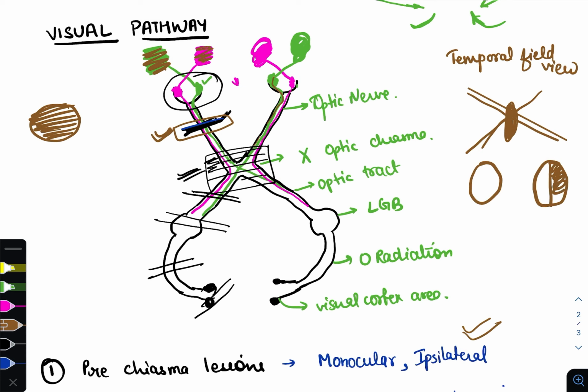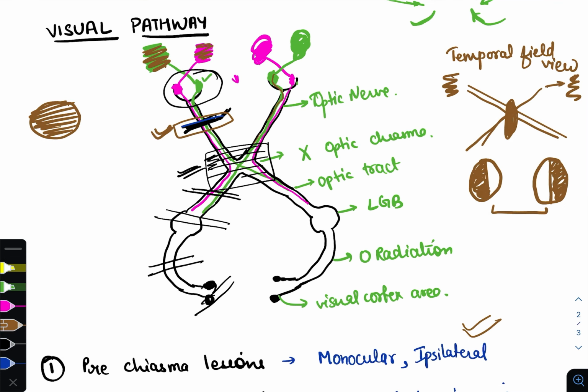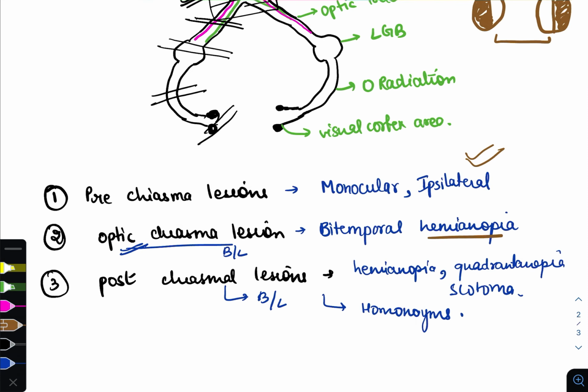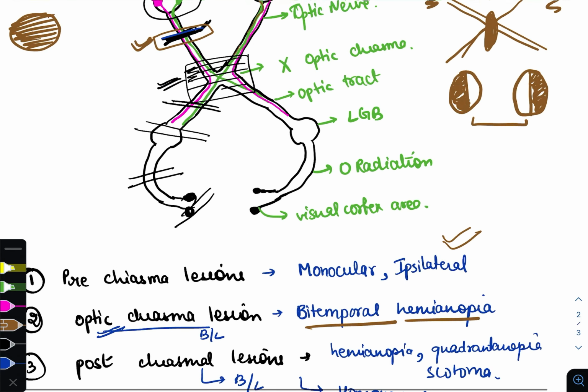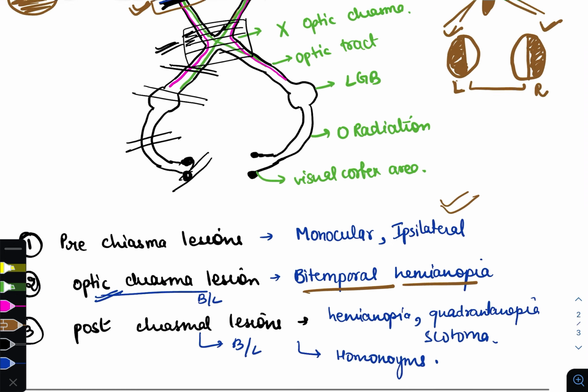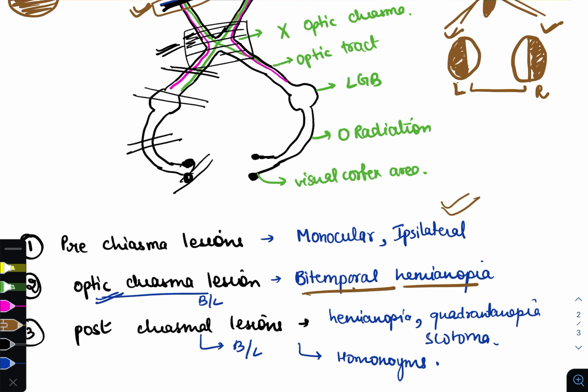Here this area we will not see, and on this side we will not see this side area. This is what comes with chiasmal lesions: bitemporal hemianopia. In the left eye we can't see the temporal side, and in the right eye we can't see the temporal side. That's why it's bitemporal hemianopia.